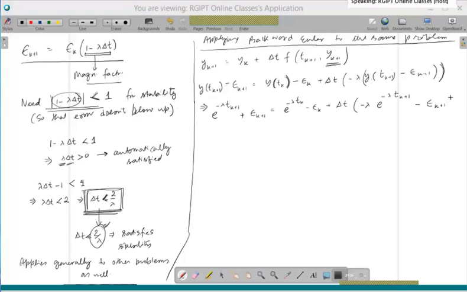Please correct me, keep a tab on my relationships. Delta t minus lambda. This should have been lambda multiplied by both.